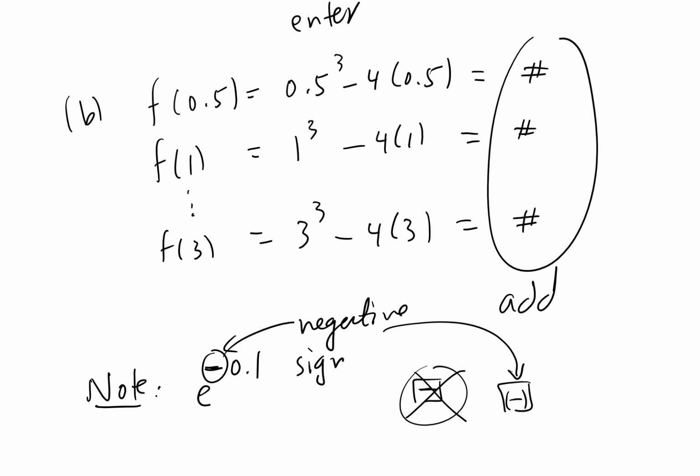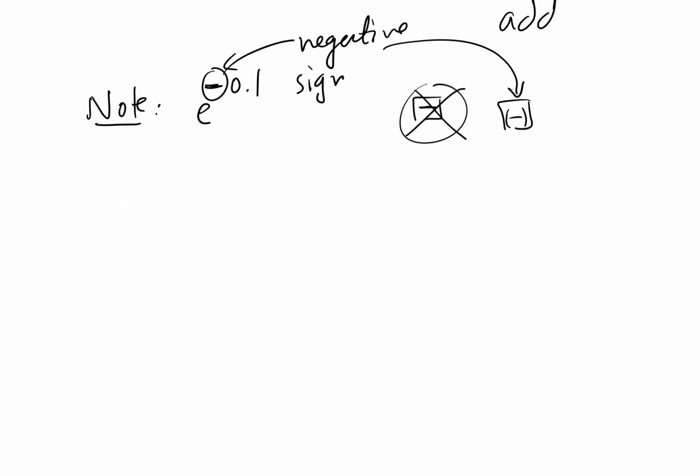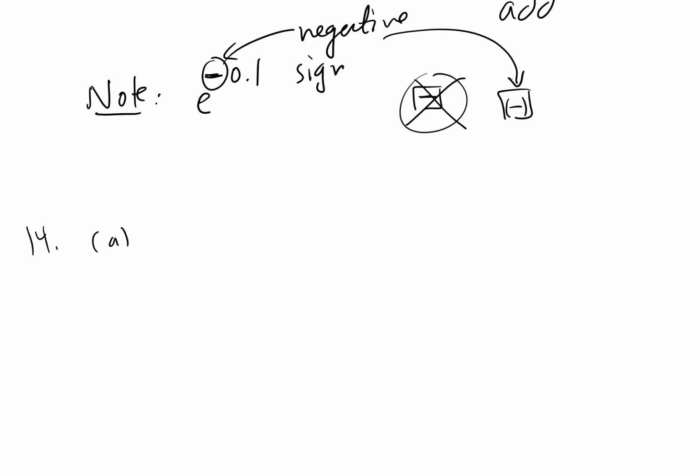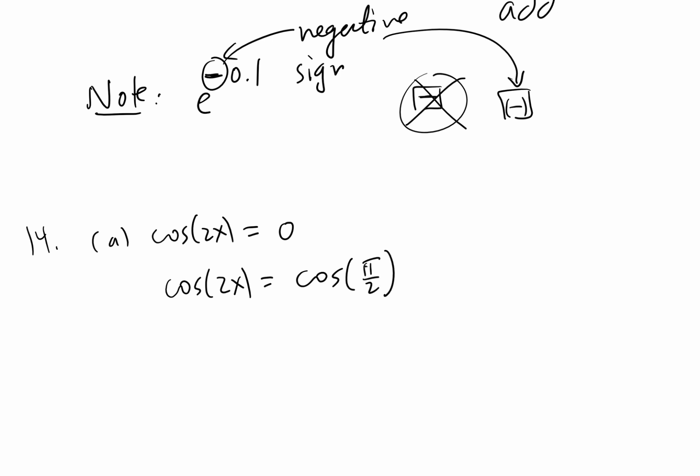So the first one, you divide by 2, and then you have to use the formula. When you divide by 2, you get this, and then on the right side you write cosine of 90 or pi over 2.